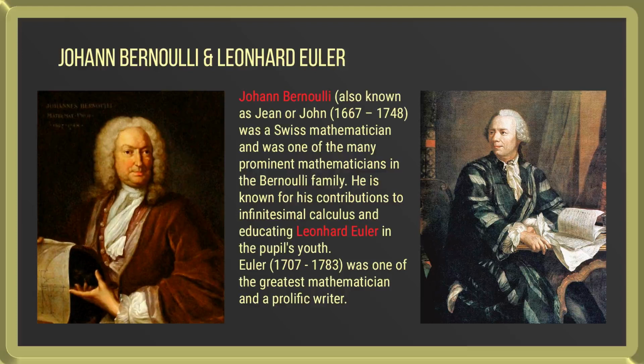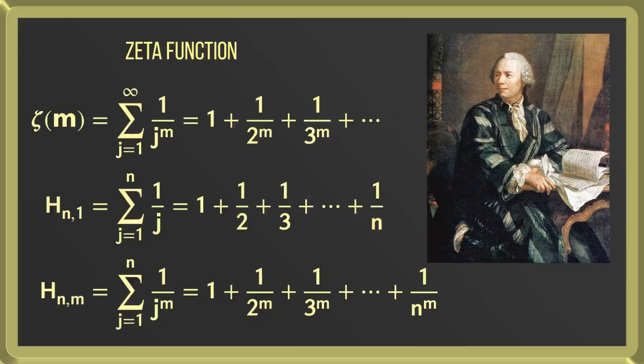Euler was excellent at computation and had an essentially photographic memory. He had great persistence and returned over and over again to problems that challenged him. Euler spent much effort evaluating the sums of reciprocal powers, as shown on the screen, for integer m greater than or equal to 2.